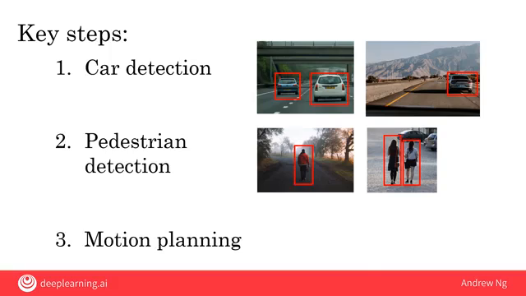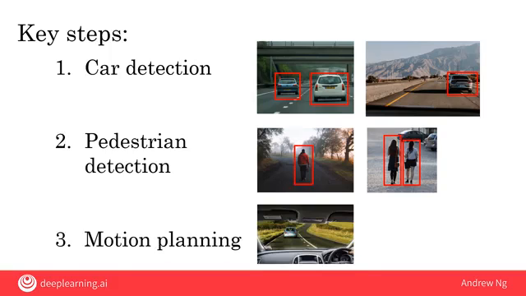Finally, I briefly mentioned a motion planning step. So what is that? Here's an example. Let's say you're driving your car and there's this light blue car in front of you. The motion planning software's job is to tell you what is the path shown here in red you should drive in order to follow the road and not have an accident. And so the motion planning software's job is to output the path as well as speed at which you should drive your car in order to follow the road.